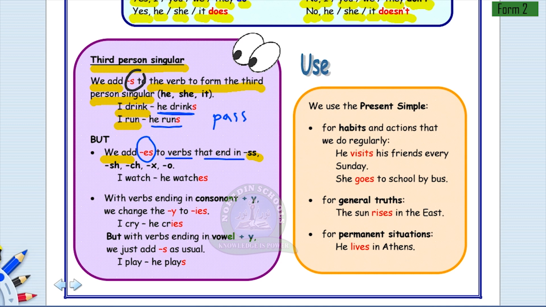This verb ends in double s, so if we are using it in the simple present, we are using es: passes. Number one.